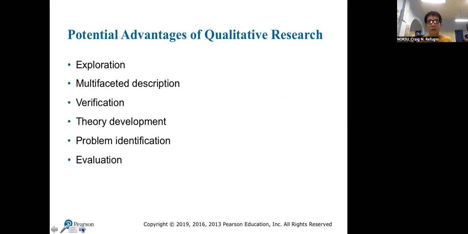And in qualitative research design, we look into exploration of the different phenomena as observed by the researchers. It's actually a multifaceted description. Verification is also part, theory development, problem identification, and then we go into evaluation.